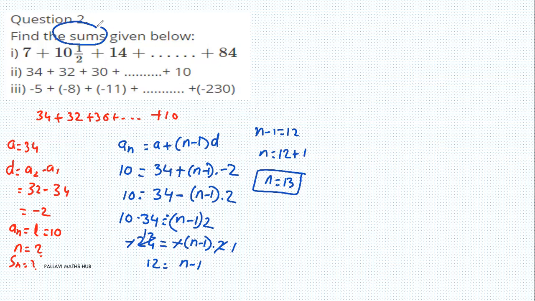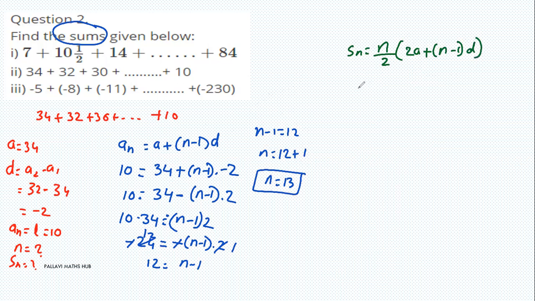But what is the question? Find the sum. So Sn is equal to, and observe here, in the previous sum we applied Sn is equal to n by 2 into 2a plus n minus 1 into d.